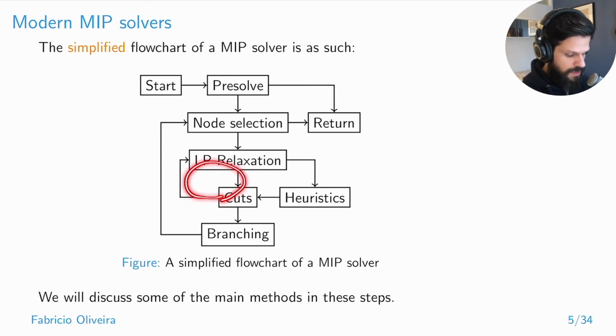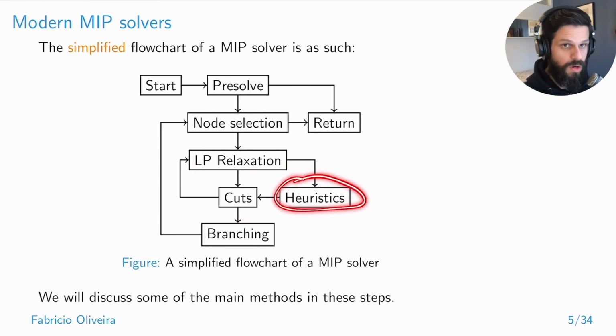So this loop here is a cutting plane approach, kind of like what we see in lecture 9. But there is also this loop towards a heuristic, because once you solve the LP relaxation, you can use that information to apply a heuristic and perhaps generate further cuts from the heuristic you generated. For example, there could be things like local searches and all that.